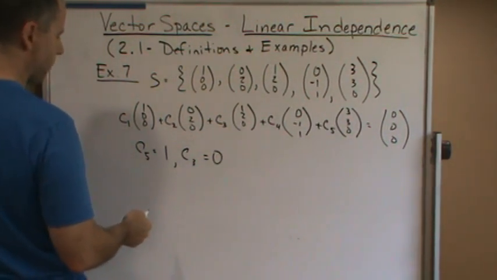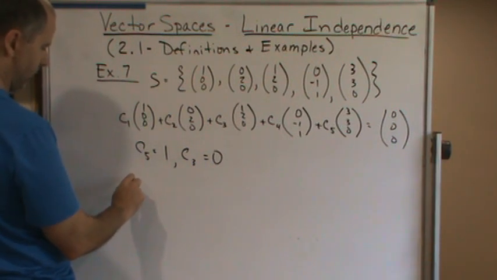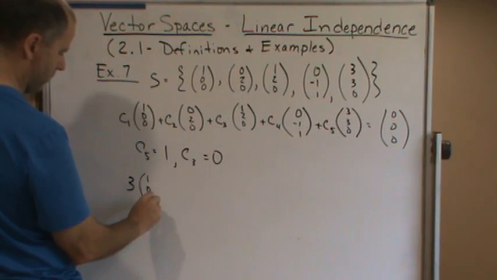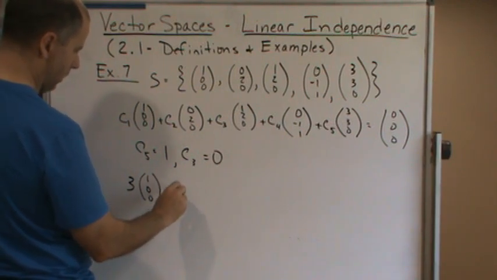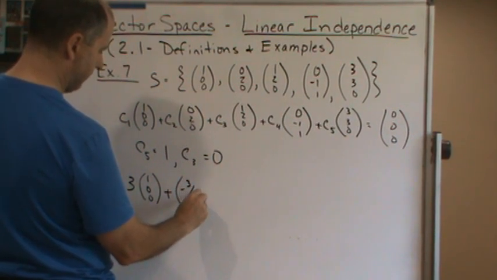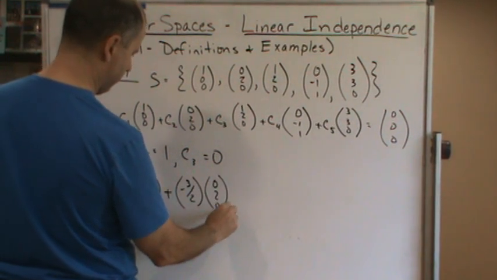Well, using what we did before, we'll end up with 3 times (1, 0, 0) plus negative 3 halves times (0, 2, 0).